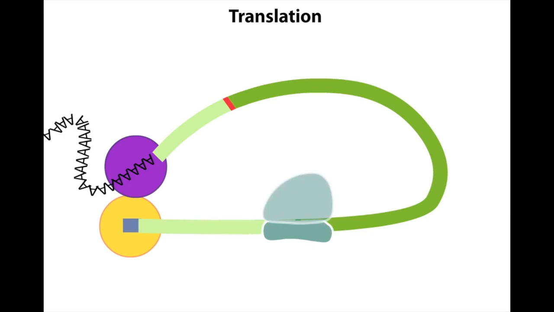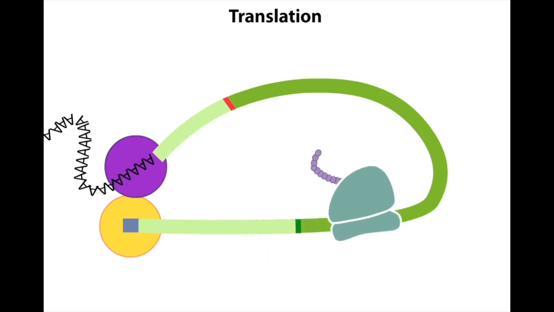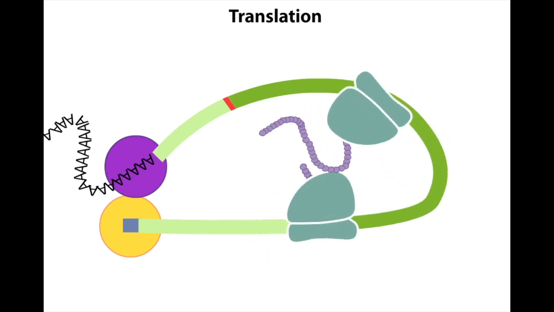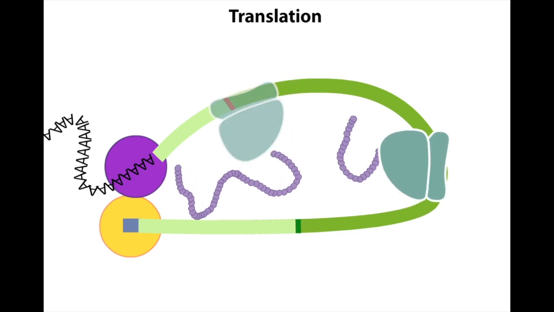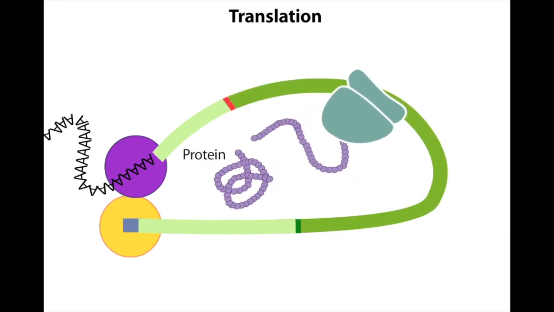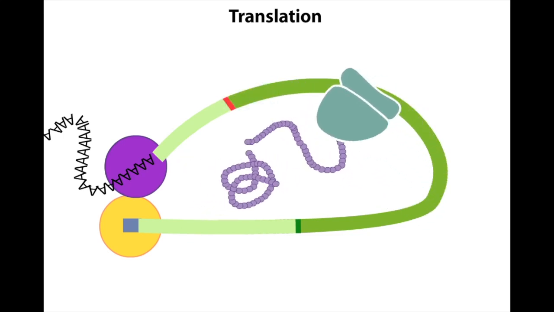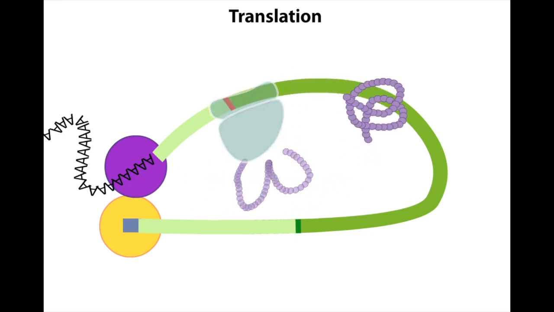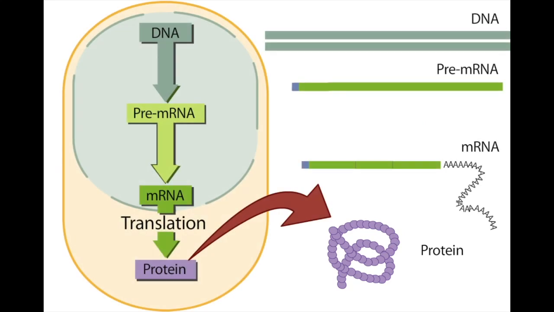One mRNA molecule is translated by multiple ribosomes, resulting in many copies of the protein. Translation completes the process of gene expression. Information from DNA has been passed through an mRNA to produce a functional protein.